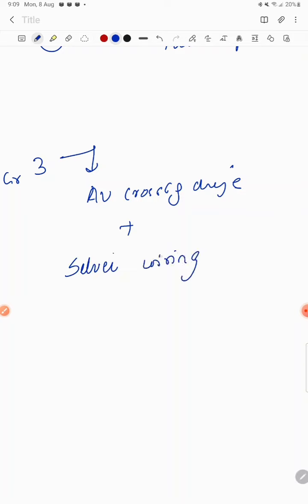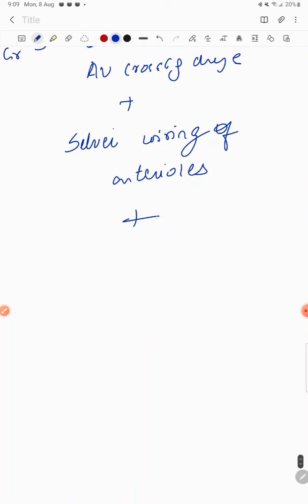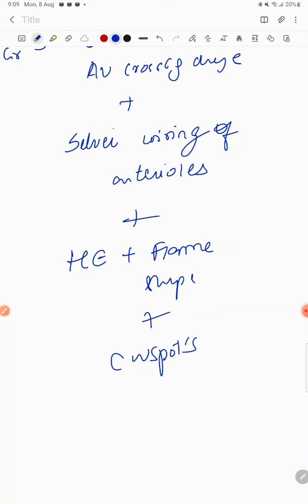You know which wire is costly or which wire is thin. Silver wire is more costly and thinner than copper wire. Plus hard exudates, plus flame shaped hemorrhage. Now come the cotton wool spots, which are nothing but ischemia.